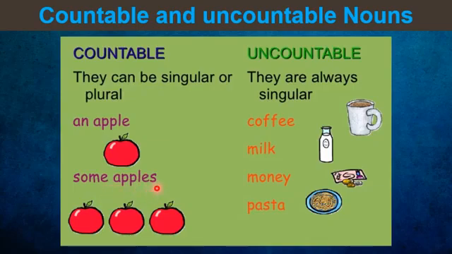Okay, apples. So uncountable nouns are always singular. I don't say coffees, I don't say milks, monies, pastas. No, they are always singular.